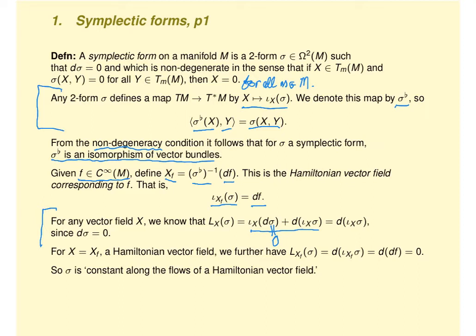So now if that X is a Hamiltonian vector field, then iota X_f of sigma is df, and so we've actually got ddf, and that's 0. So the Lie derivative of sigma with respect to any Hamiltonian vector field is 0. And that can be interpreted, we haven't done flows yet, but we will, as saying that sigma is constant along the flow lines of a Hamiltonian vector field.